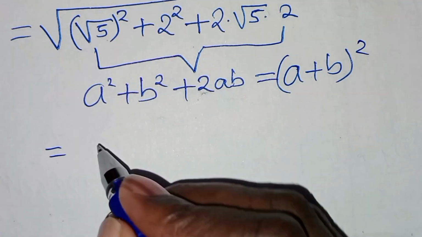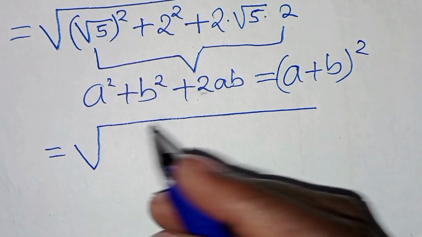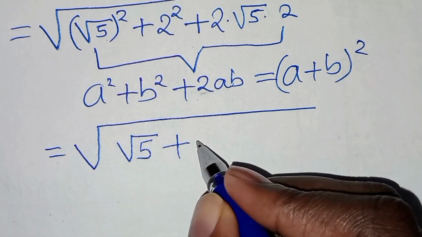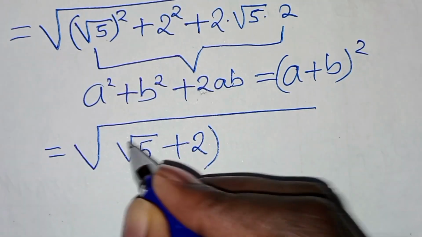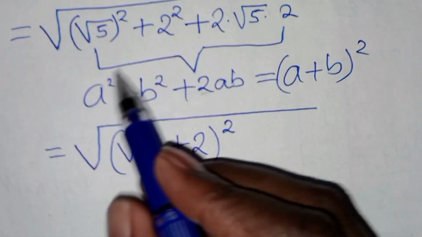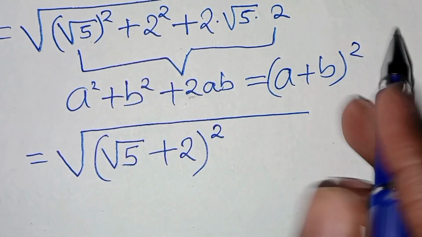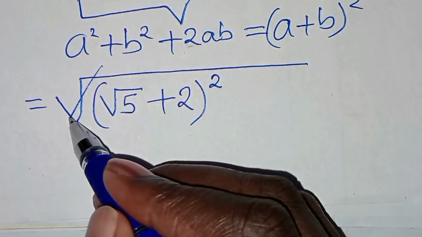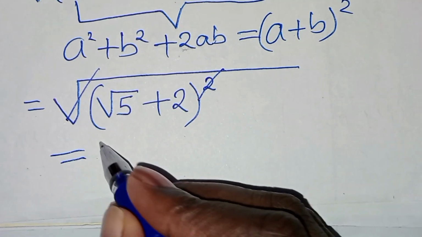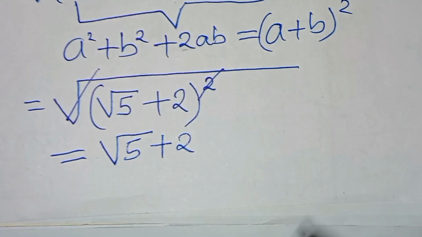So this implies that here we have the square root of 5 plus 2 squared. If we expand this, we are able to retain the original equation. So let's eliminate the square root sign here, so that now we have square root of 5 plus 2.